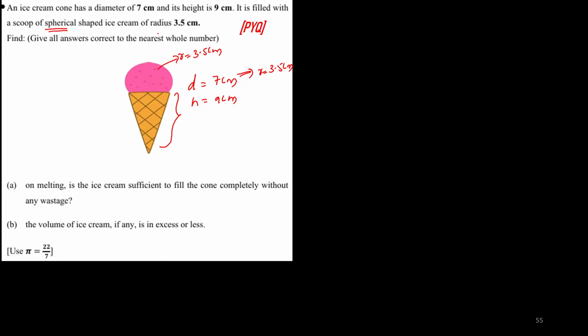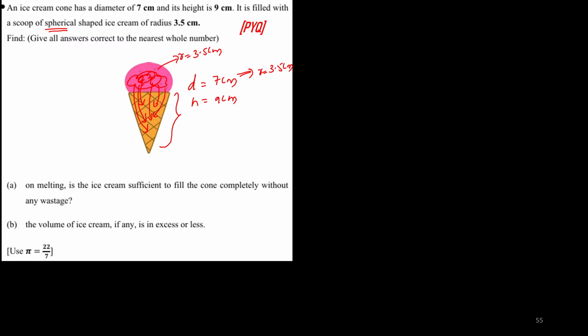On melting, if the ice cream melts, that will be completely filling the cone. Correct, children? So is melting the ice cream sufficient to fill the cone completely without any wastage?